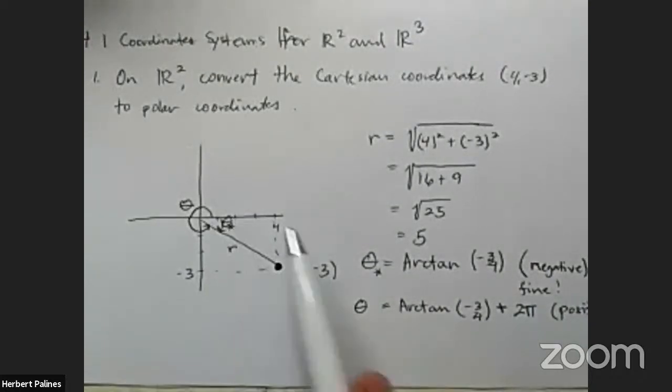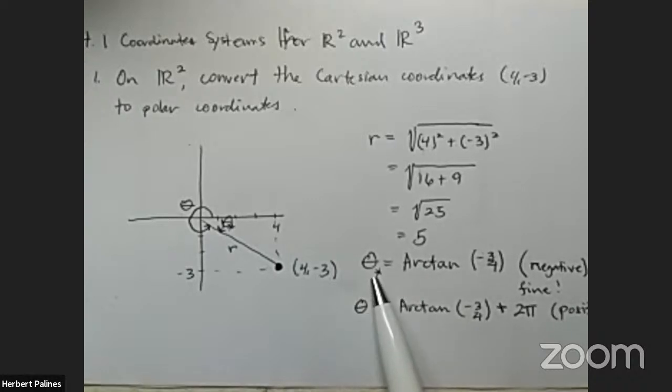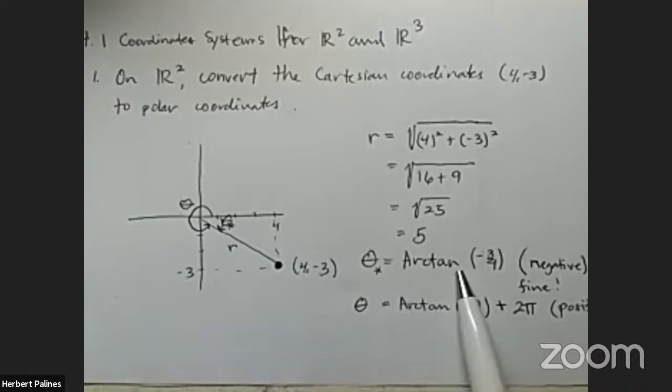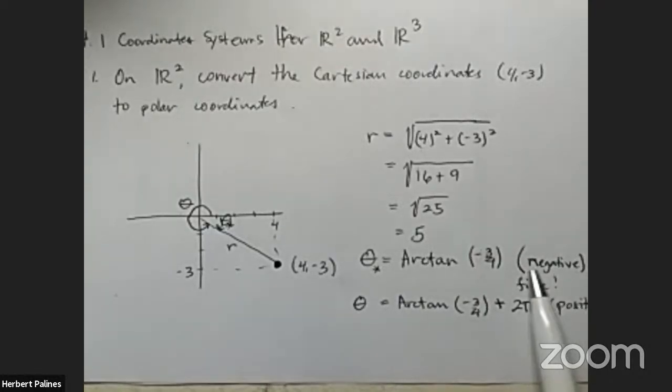Now for the angle, or theta, we're going to use the arctangent function. Basically, we started from the tangent function, but if you want to solve for theta, you use the arctangent, or the inverse tangent function. So theta star is arctangent of -3/4. Based on the function value of arctangent, it will give you a negative number. That is fine.